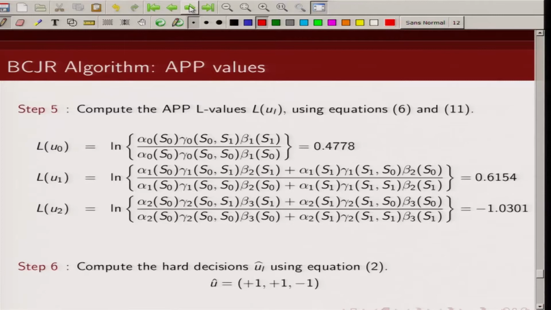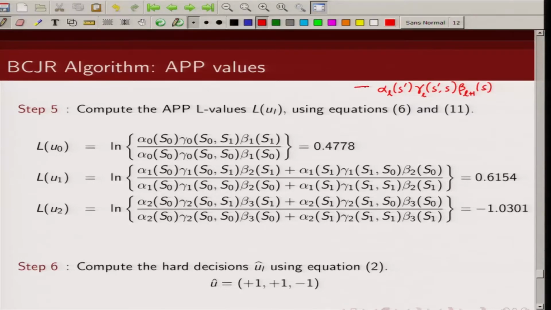If you recall, the APP value was a product of three terms: alpha, gamma and beta. So, it is the product of these terms. And what was the term in the numerator?